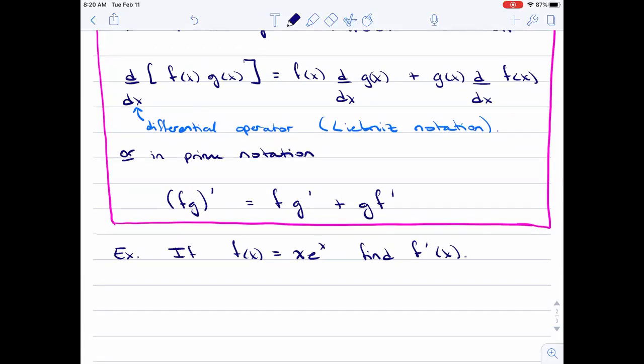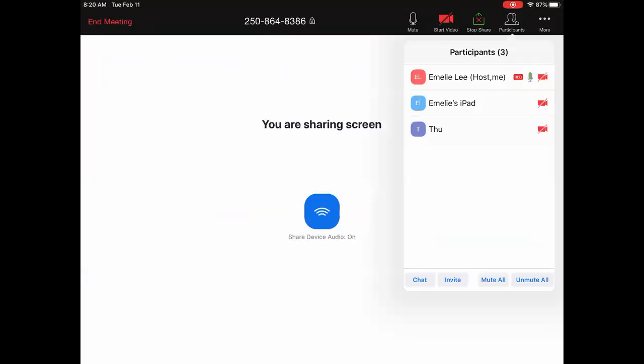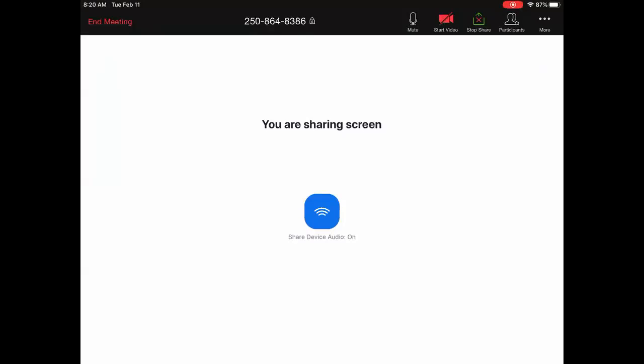Just be careful, because now you're multiplying two functions, x and e to the x. Let me just make sure. Good.